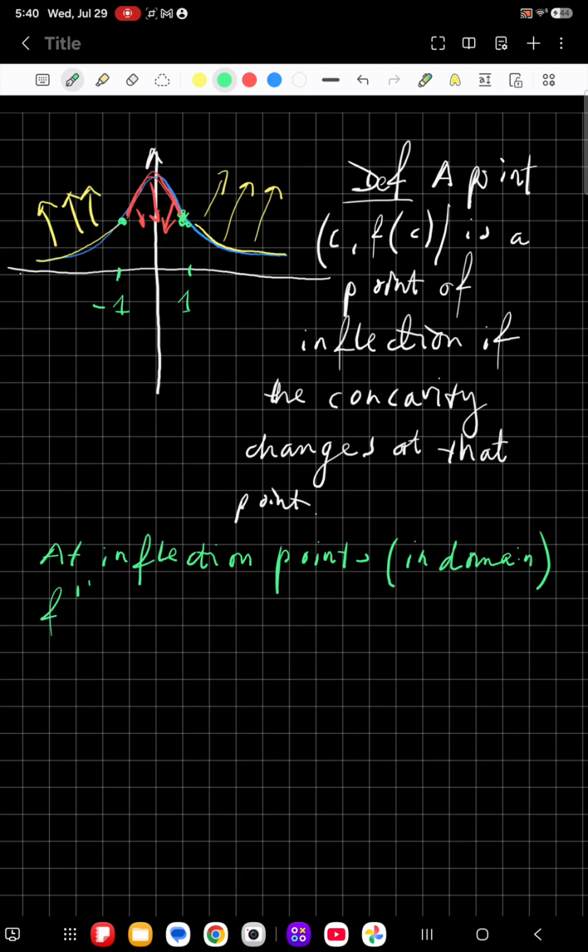We'll have that the second derivative of x equals 0, or that the second derivative at that point doesn't exist. Just like with the first derivative, and I'm going to give you an example.